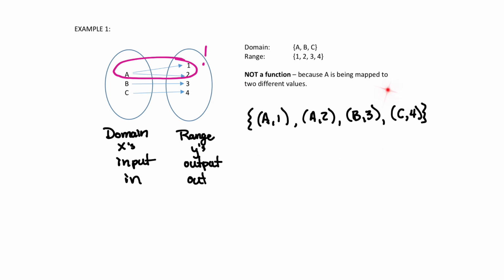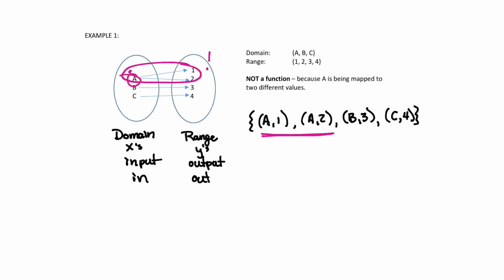That is what it would look like as points if a, b, and c were numbers. Looking at just the points, this pink circled part is represented right here, because that's your a values.